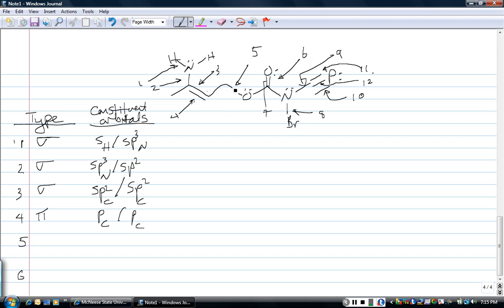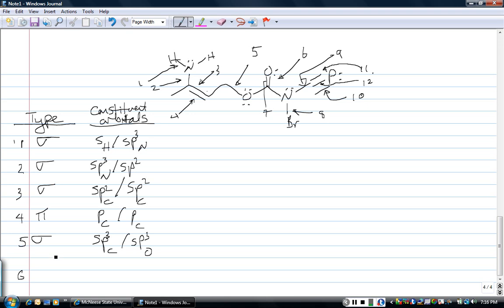5 is a sigma bond. All single bonds are sigma. So 5 is sigma, and 5 involves the sp3 of this carbon with the sp3 of that oxygen. So it's sp3 of carbon with the sp3 of oxygen. 6, again, 6 and 7 is a double bond.